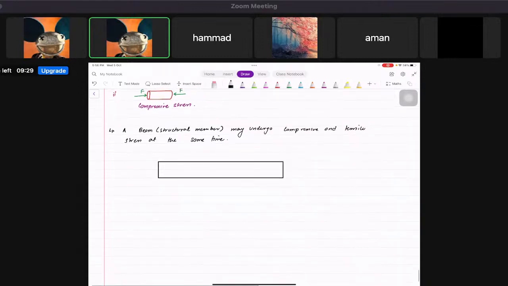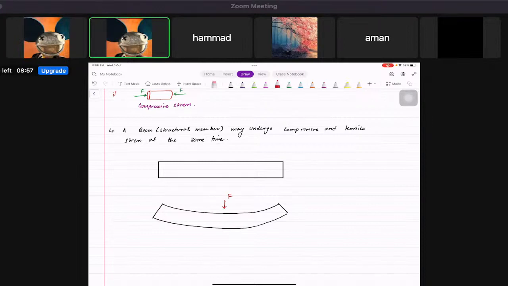So if you apply force, and I'm just making an exaggerated drawing, if you apply force on a beam from the top, the beam would deform like this, because you're applying a force right here from the top.